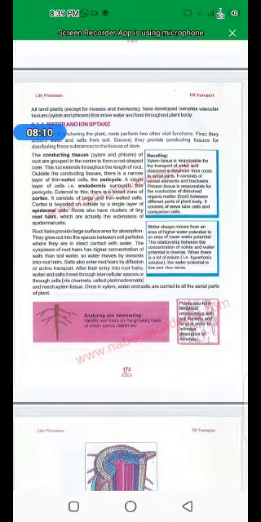The root hair cells provide large surface area for absorption. Number one, they grow out into the space between soil particles where they are in direct contact with water. This is the second point. The third point is that the cytoplasm of root hairs has a higher concentration of salts than soil water.